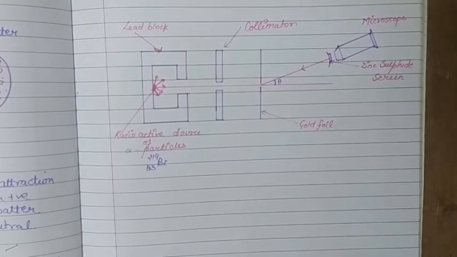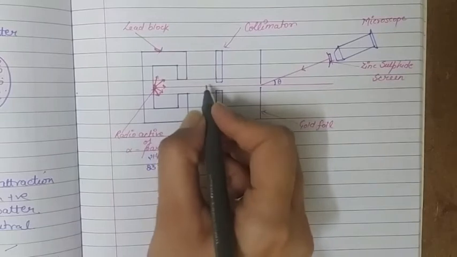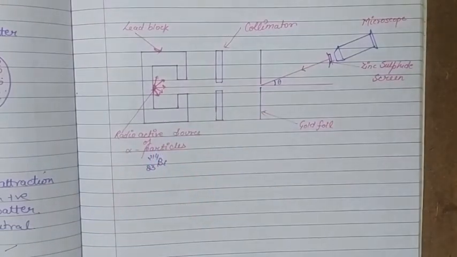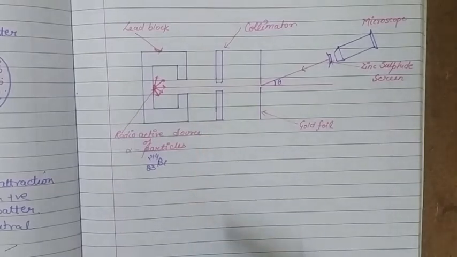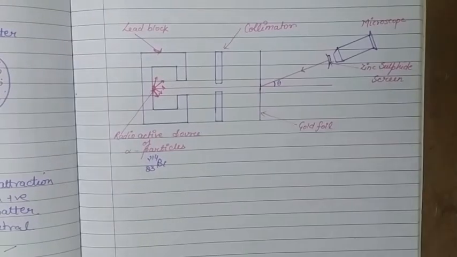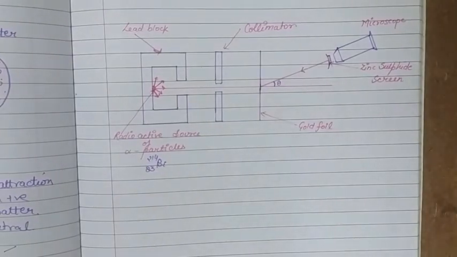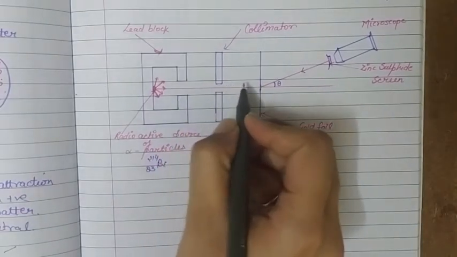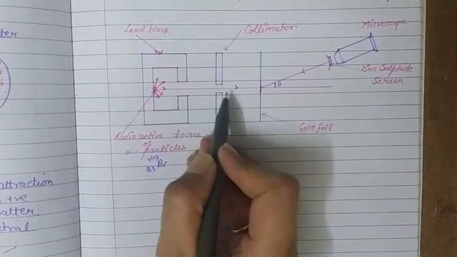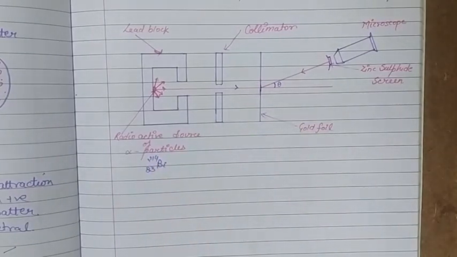When alpha particles come out of this lead block, they get collimated into a narrow beam when they pass through a narrow slit. Then we allow this beam of alpha particles to fall on a thin gold film.